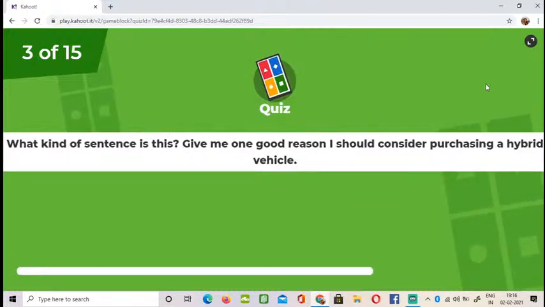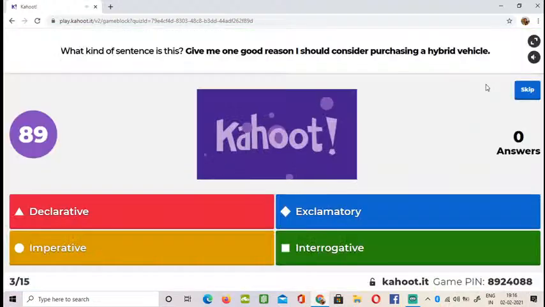Here is the sentence. Give me one good reason I should consider purchasing a hybrid vehicle. Okay, you should give them one reason. Like, you should find what kind of sentence that is.